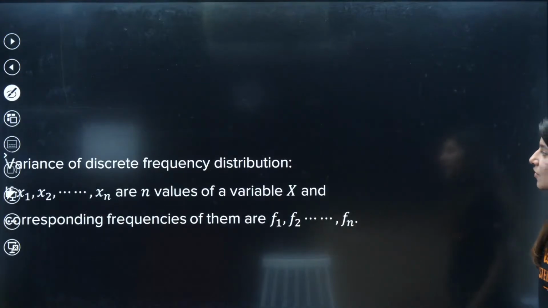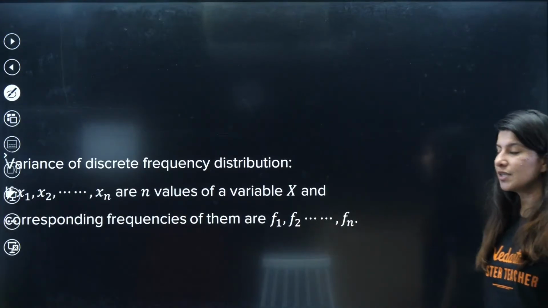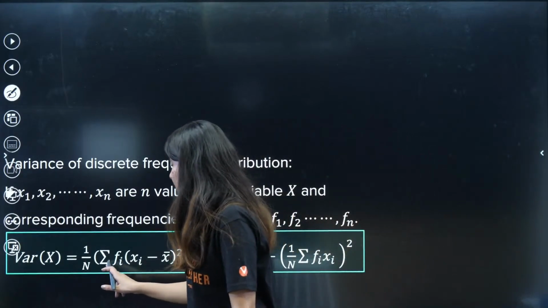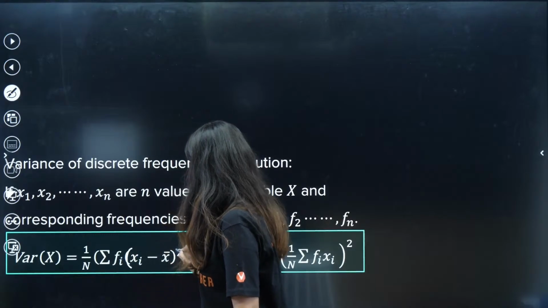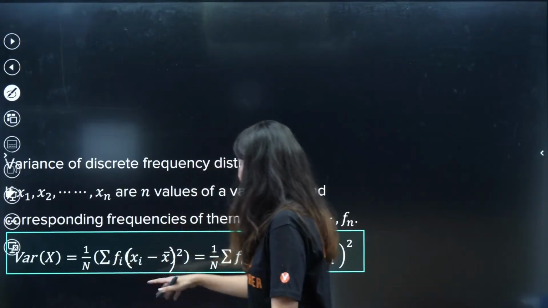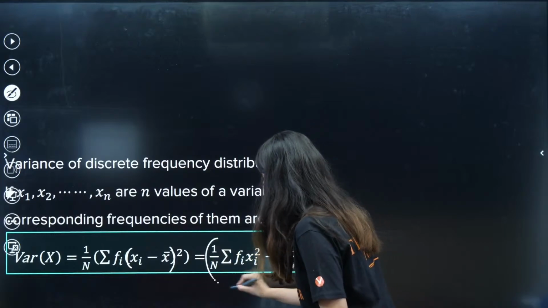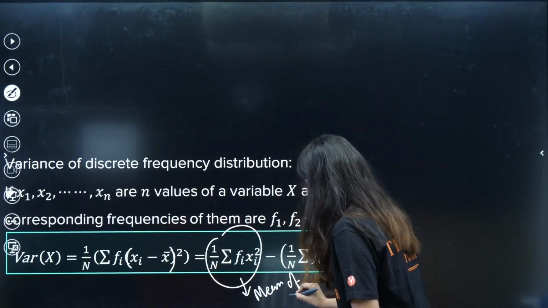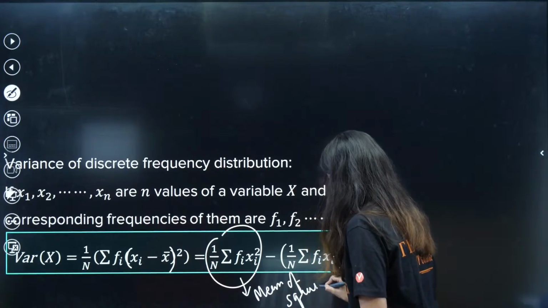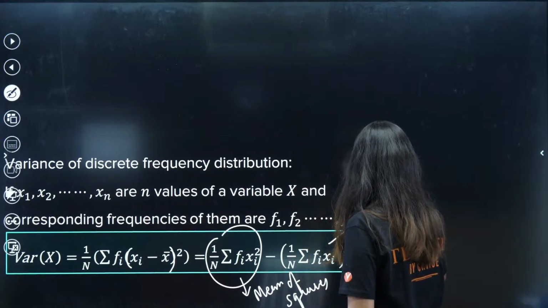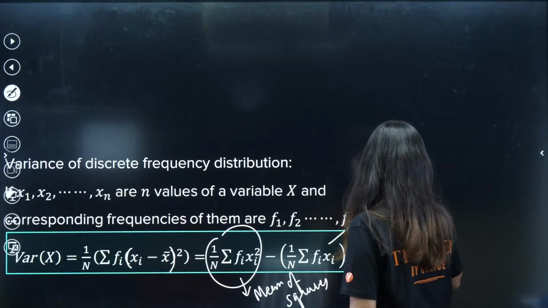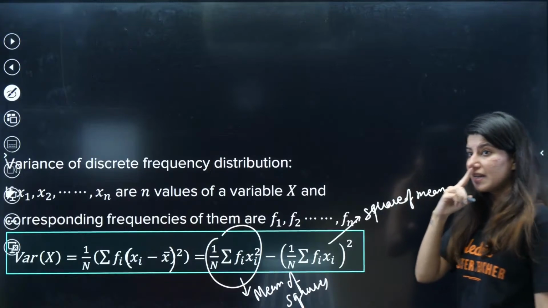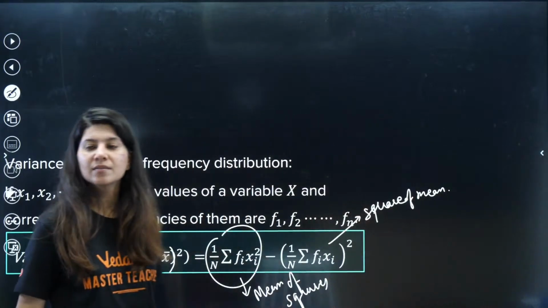Now we have variance of discrete frequency distribution. So for discrete frequency distribution, we have a similar formula. Can you see sigma fi, xi minus x bar square upon n, and if you expand it, what is this? Mean of squares minus square of mean.